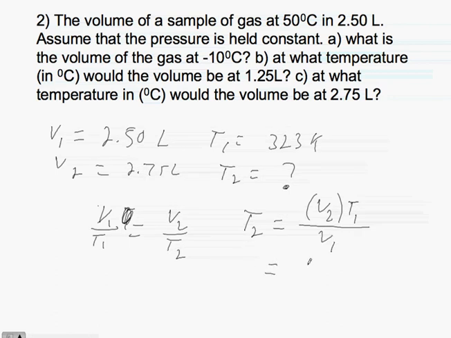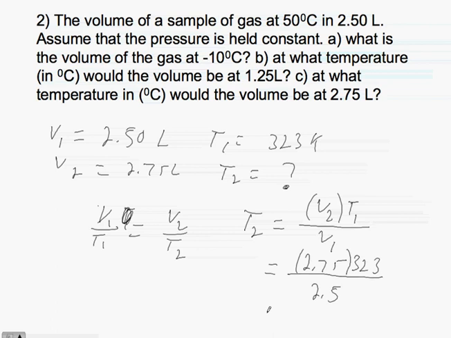Substituting our values, we get 2.75 times 323 divided by our V1, which is 2.5.